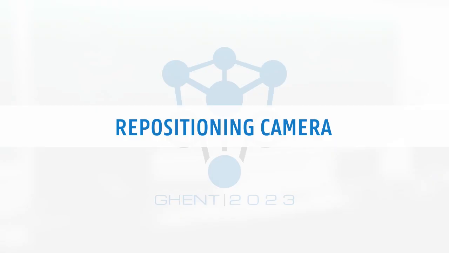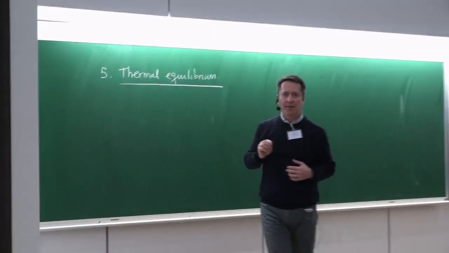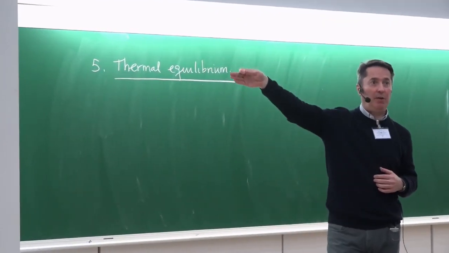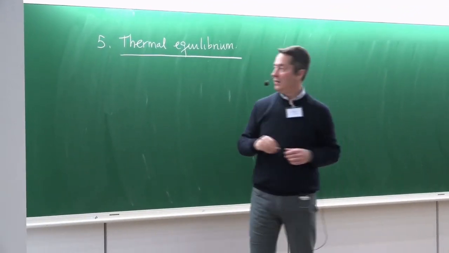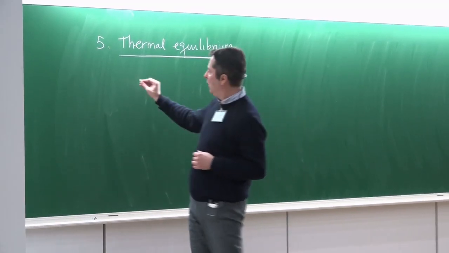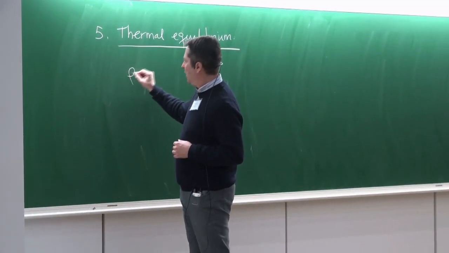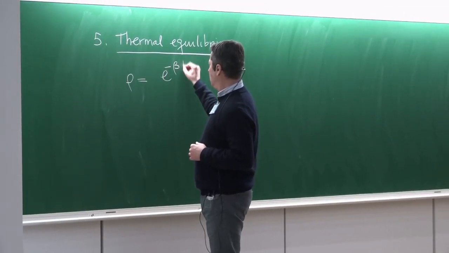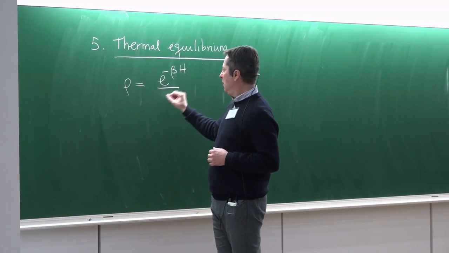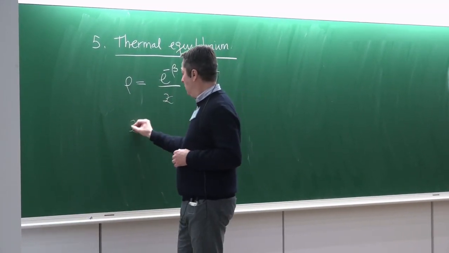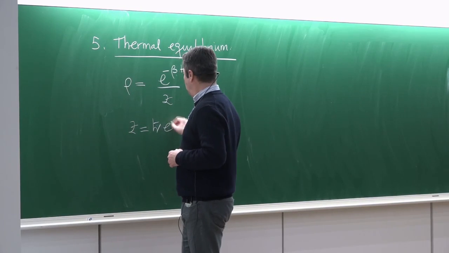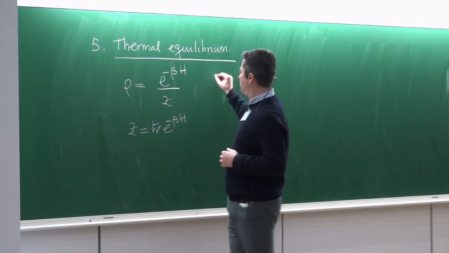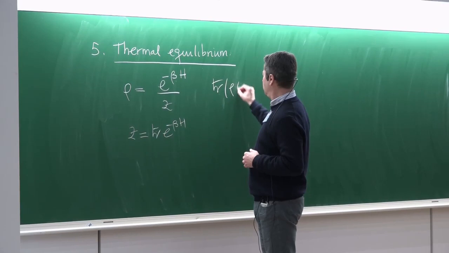So, I want to talk now about thermal equilibrium. That's an extension of the previous statement that I told you before. The idea would be, again, that you're given the Hamiltonian, and you're given some temperature, or what is equivalent, some beta, and you would like to compute the expectation value of some observable with this Gibbs state.